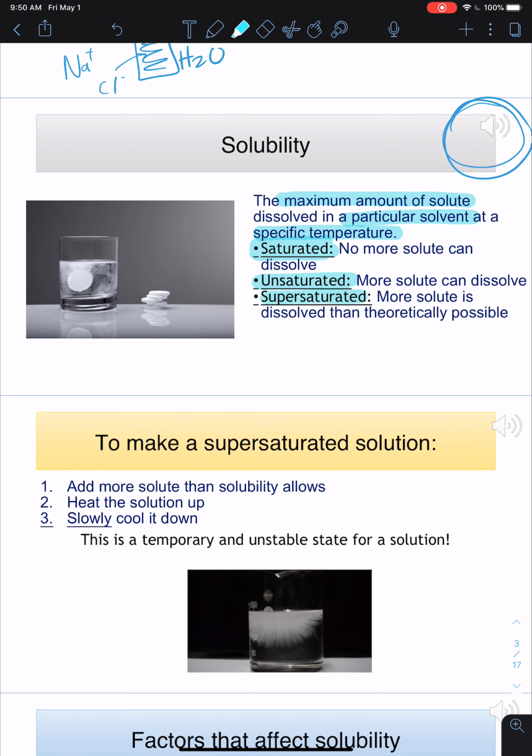And supersaturated is a weird, temporary, unstable condition. This is where there's more solute in there than you would think. So if this is our line of saturation, this would be saturated, okay? This would be unsaturated because it's under it, and this would be super. All right, and we're going to look at that in a minute.